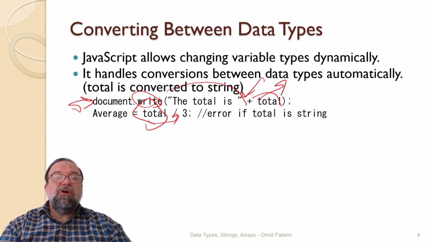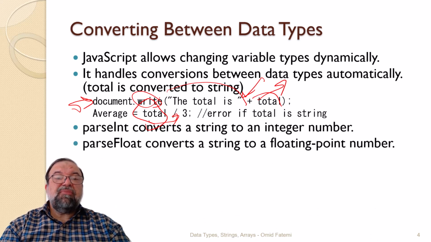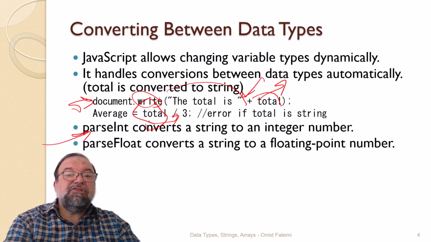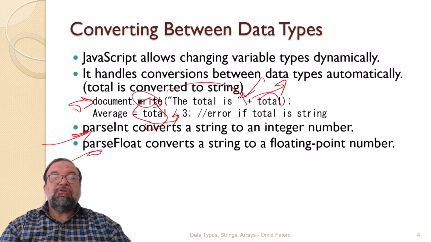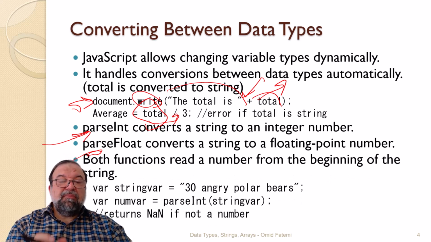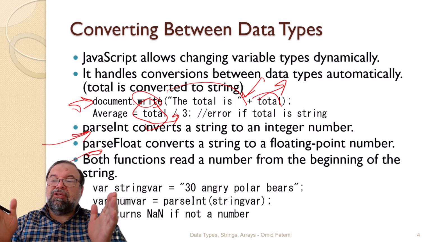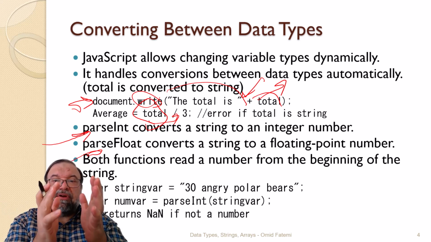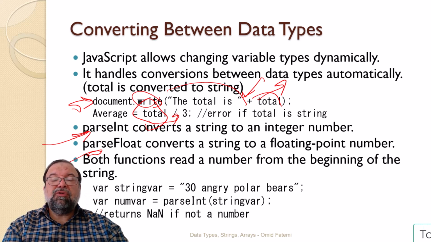So what to do? JavaScript has specific functions for converting a string to a number. For example, parseInt for converting to an integer, or parseFloat for converting to a floating point number. These functions read a number from the beginning of the string. The string could be long, but the first number that JavaScript finds at the beginning of the string would be considered.